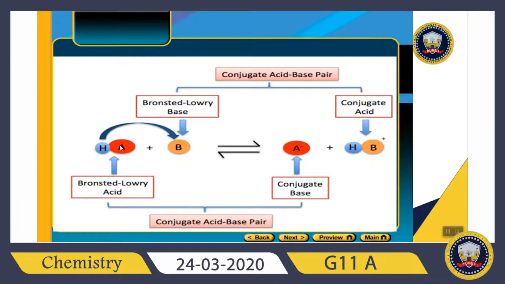So here is the acid, this is the base, A minus is the conjugate base from the acid, and this part is the conjugate acid from the base. Okay, now you understand this slide. Study it well. It is very important.